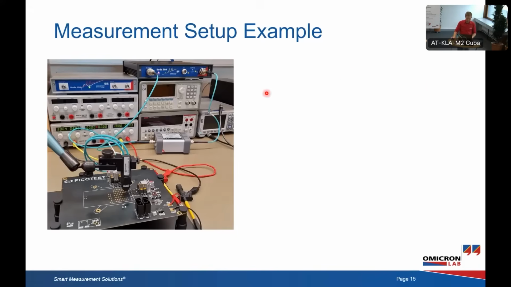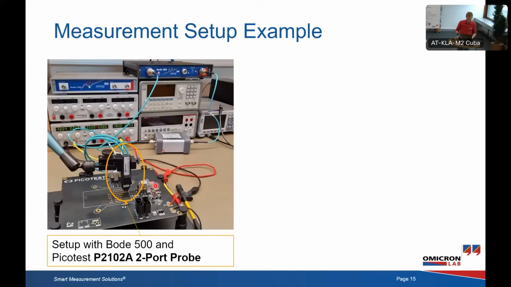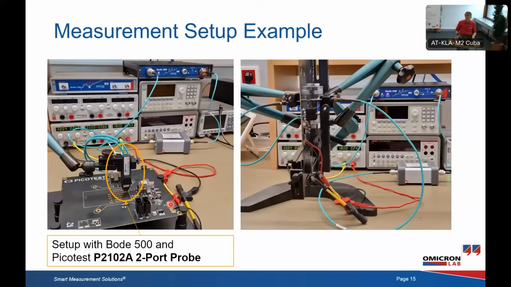I've drawn an example here, a picture of an example. You can see the 2-port probe with a probe holder, and it directly probes from above to the device under test. That's a demo board of Picotest, 256 amp demo board, or the same board with 2 1-port probes, also in a probe holder.